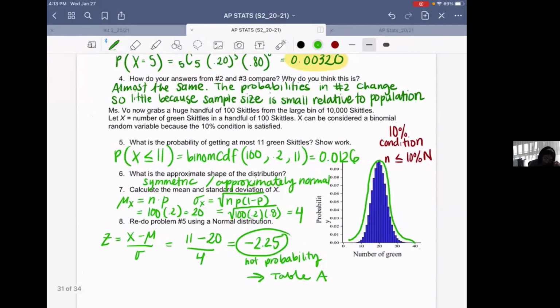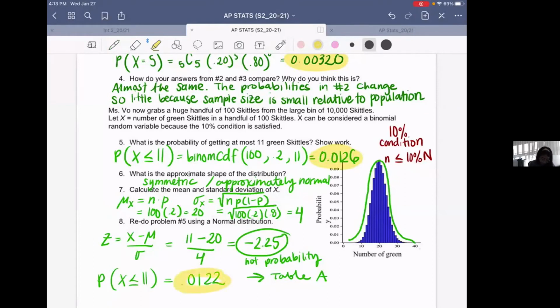And then, table A is saying the probability that X is less than or equal to 11 is equal to 0.0122.